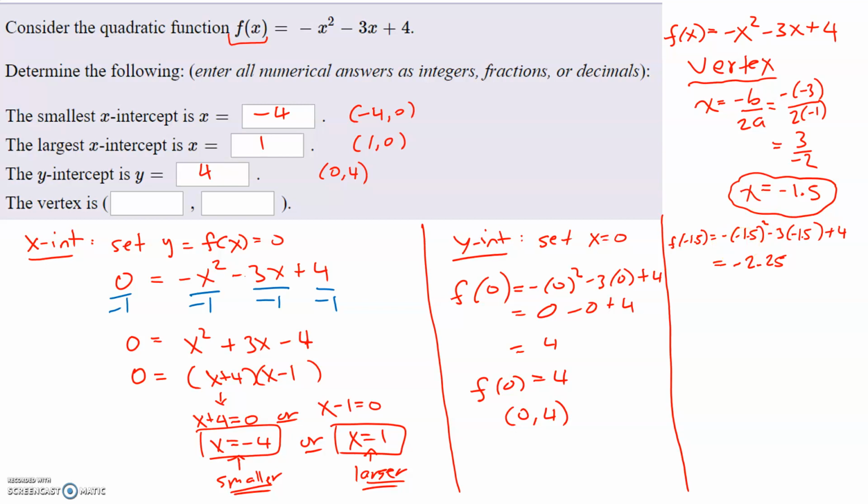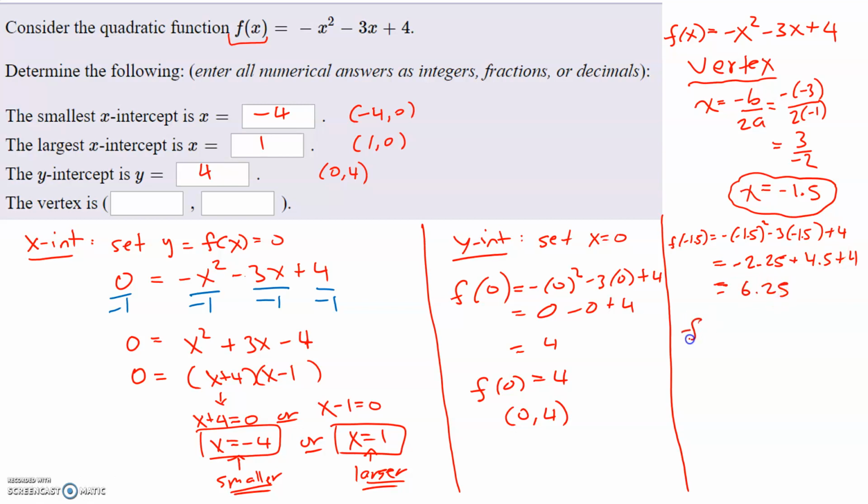Then we have negative 3 times negative 1.5. That gives you a positive 4.5. And then we have a plus 4. Okay, going left to right, we have negative 2.25 plus 4.5 plus 4, and that gives you 6.25 as the y-coordinate.